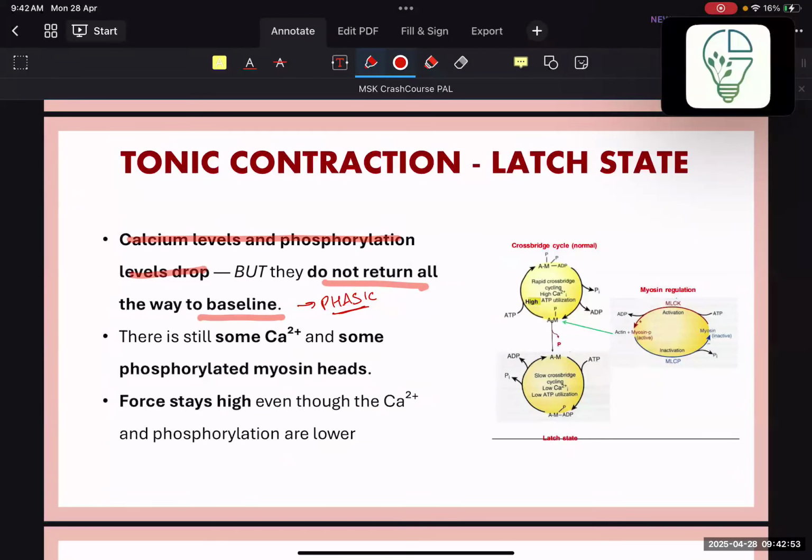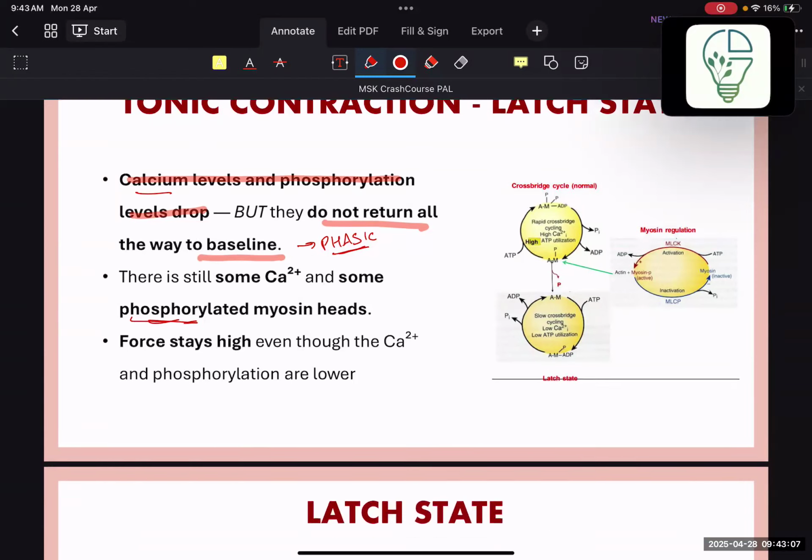In tonic contractions, calcium and the phosphorylation, both of these do not go back to normal. They just decrease. So they're not as high as they were during the contraction, but they're not back to normal. However, the force produced by the smooth muscle will remain high.